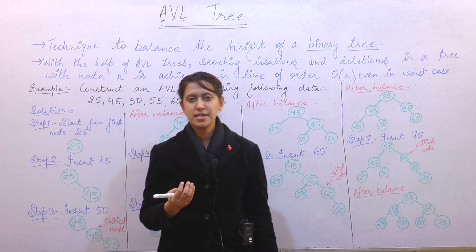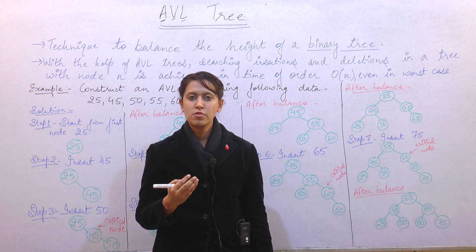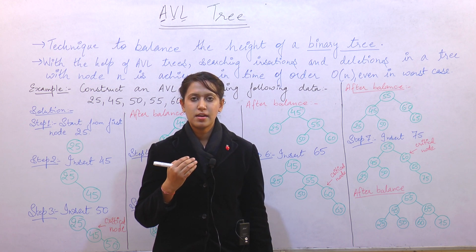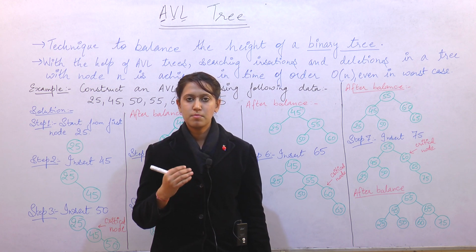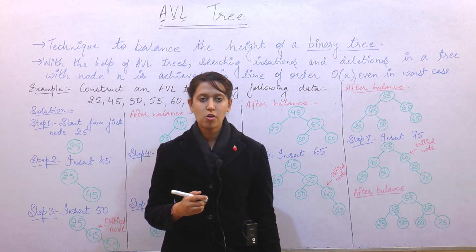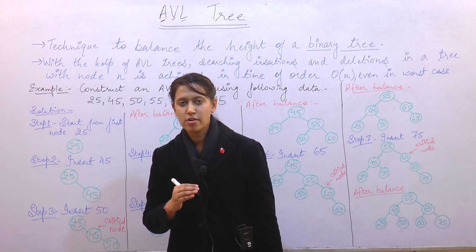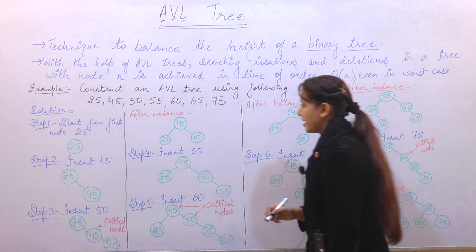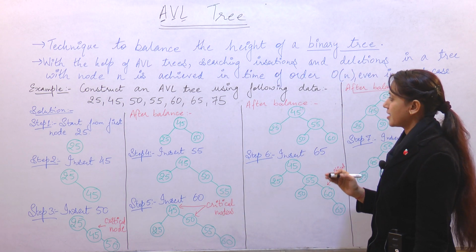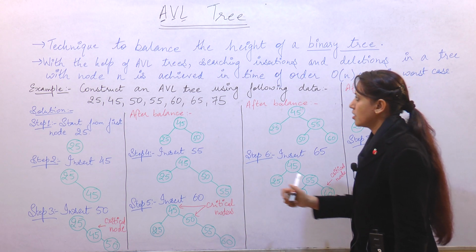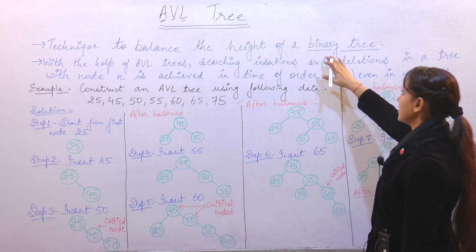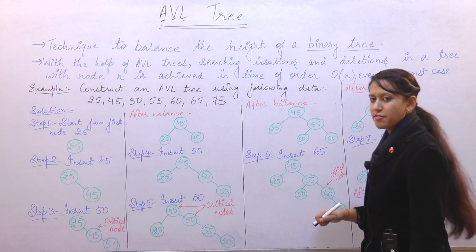At most two subtrees means the node can have either one subtree, two subtrees, or not at all, zero subtrees. That's why we say at most two subtrees. So the AVL tree is mainly used to balance the height of a binary tree.